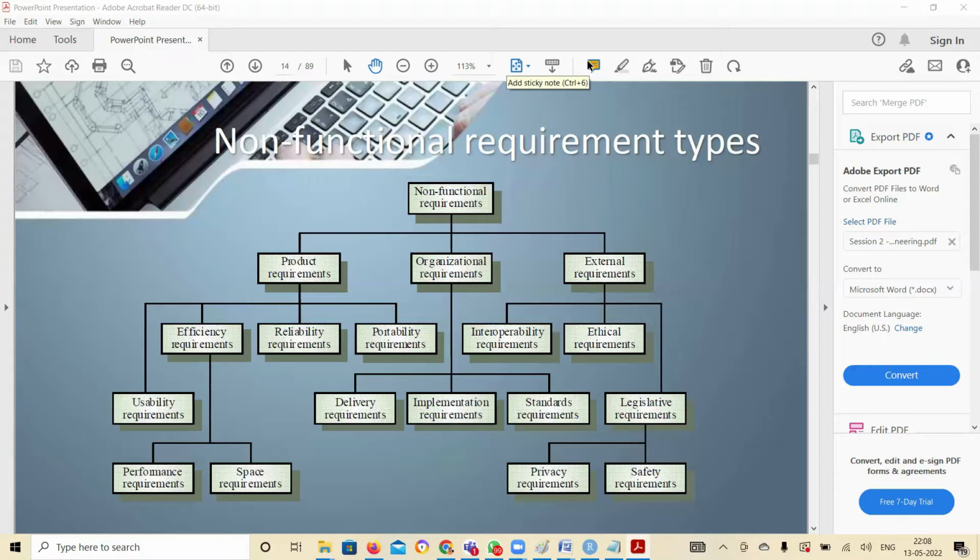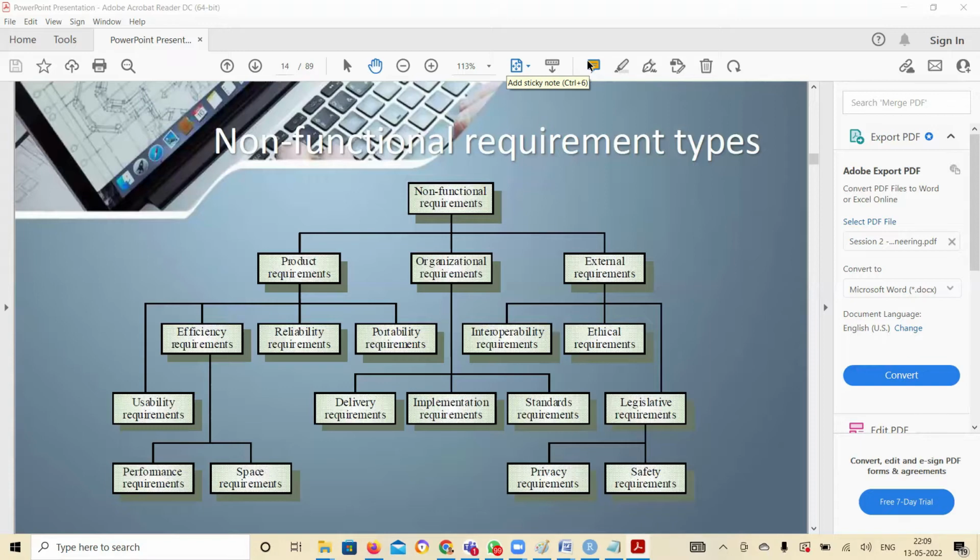Some apps are only for Android and a few apps are only for iOS, just like that. That's not portable. Portability means the same code, the same product can be used on multiple platforms. That's portability. So these are the product-specific non-functional requirements: usability, efficiency, reliability, portability.